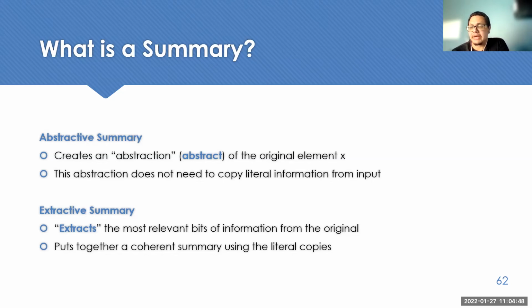So that will be like making a short abstract, but at the same time trying to keep the most relevant information. That's one type of summary. Now, another less common type of summary is the extractive summary, where you still summarize it by extracting the information directly from the source.